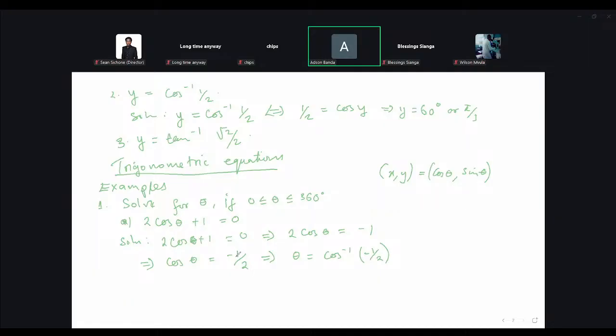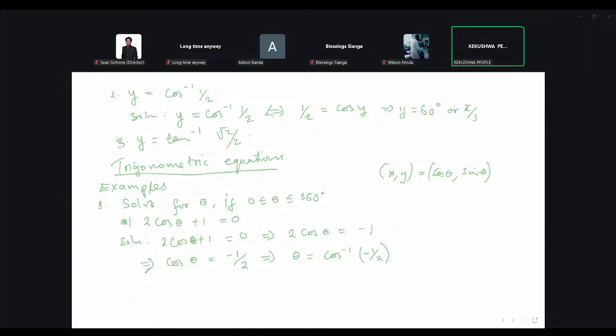Okay, so next look at the ratio. The ratio is 1/2. What angle in the first quadrant has ratio 1/2 for the cosine? 60. Yes, that we are referring to is 60 degrees.